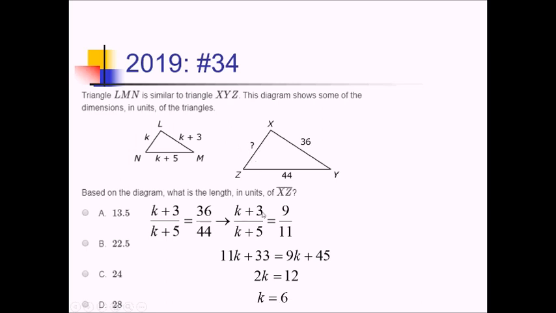So I can say that 6, which is our k value, over 6 plus 3, this value here, aka 9, is going to be the same ratio as this XZ distance over 36. And now cross multiplying, this is really 9, so 9XZ is going to equal 6 times 36, which it's up to you whether you actually want to multiply this out.